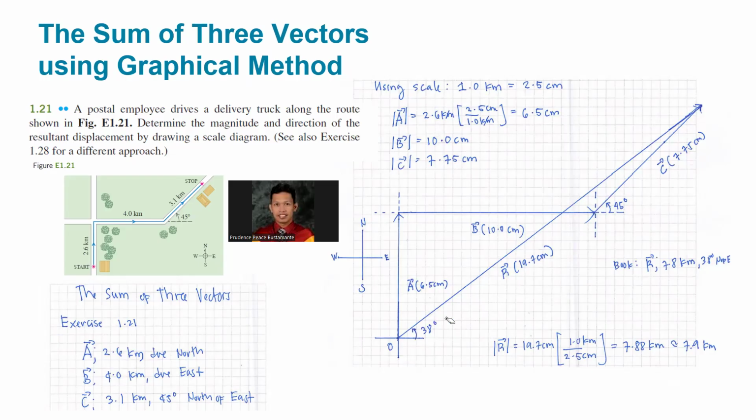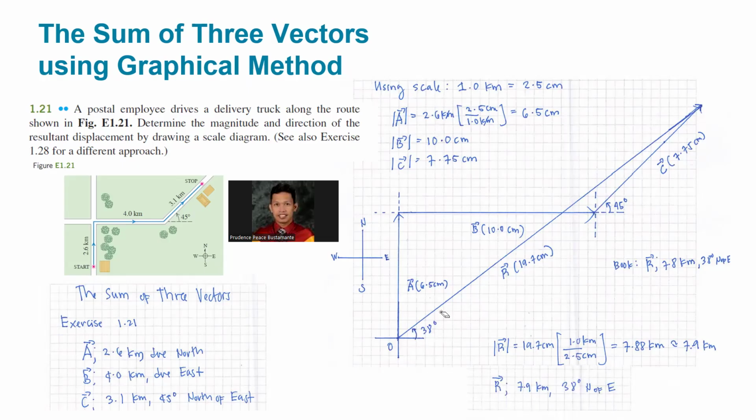The error is due to the precision or limitation of our tools like our protractor and our ruler. So the final answer here is about 7.9 kilometers, 38 degrees north of east.